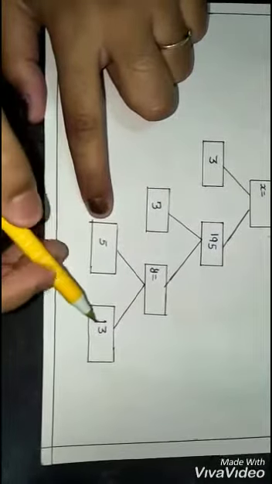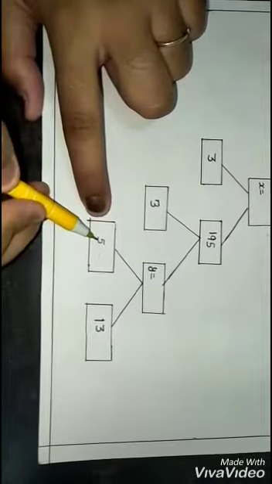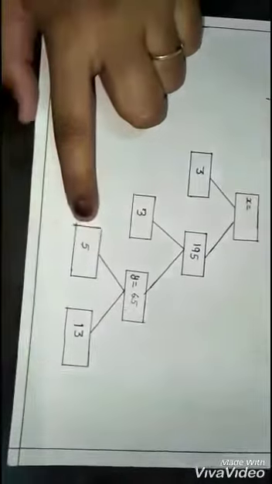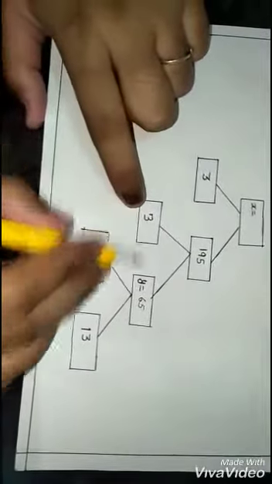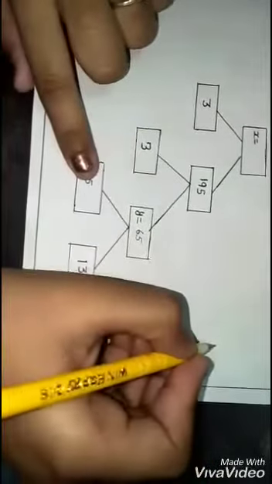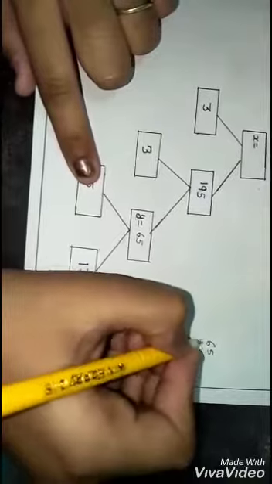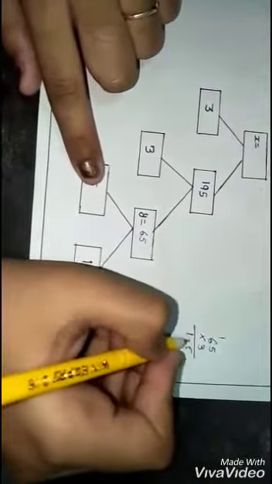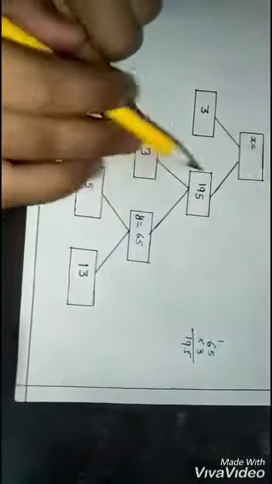Okay, I'm going to multiply 13 and 5, get 65. Then next we are going to multiply 65 with 3. 3 5s are 15 and 3 6s are 18, 19. So I get 195.